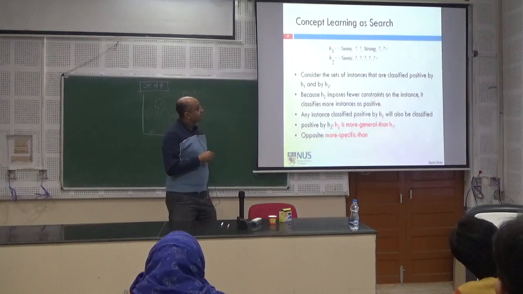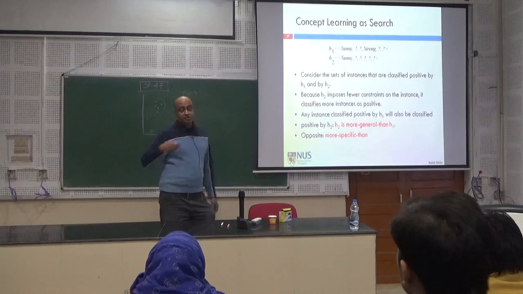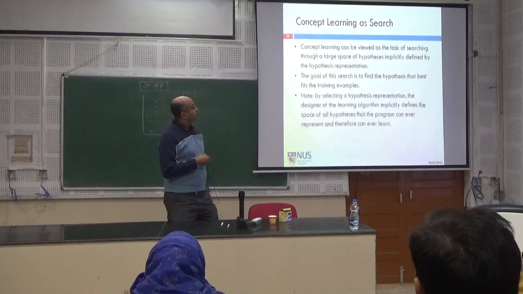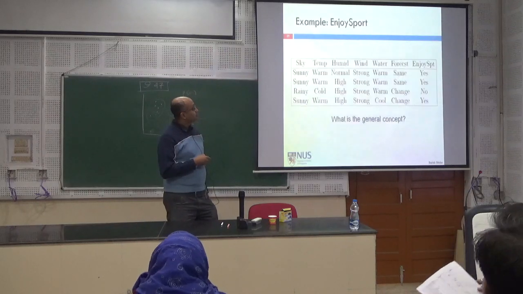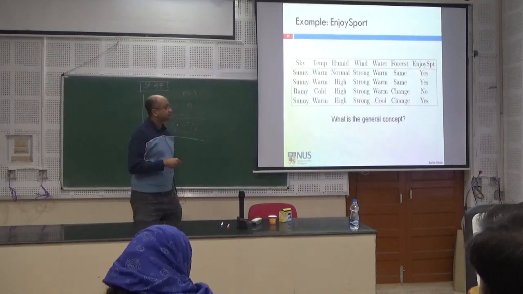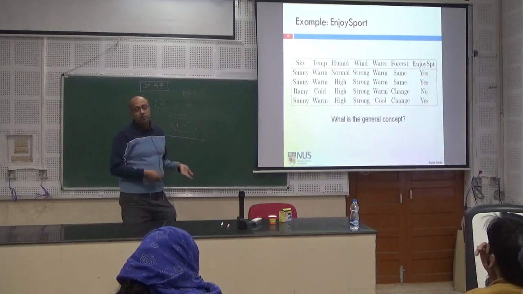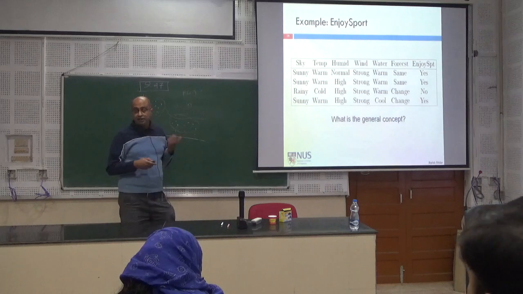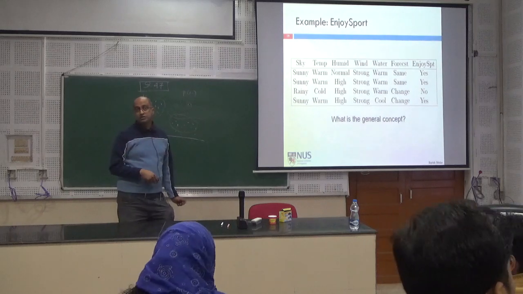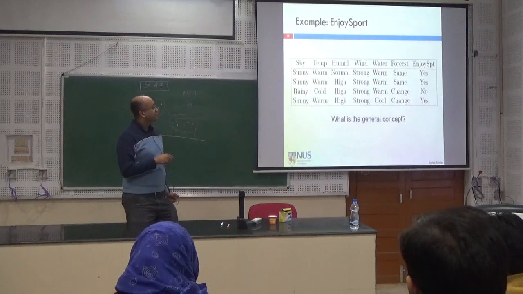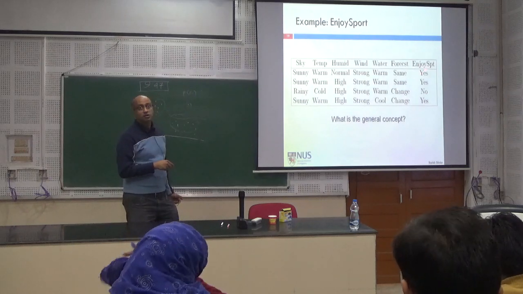One says sunny and strong, go swimming. The other says just sunny, go swimming. If I go back to my training data here, these are all my training data. Let's see if my hypothesis works or not. The first one said sunny and strong. Sunny, strong, go.